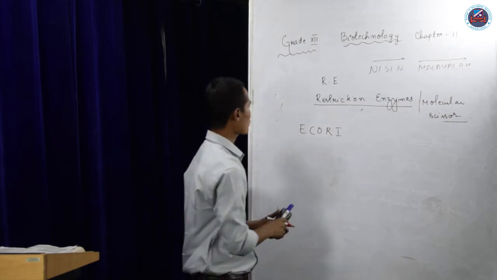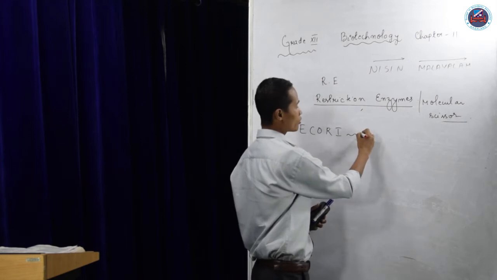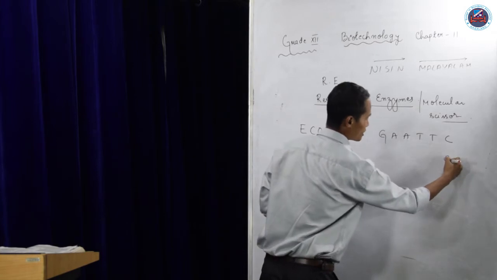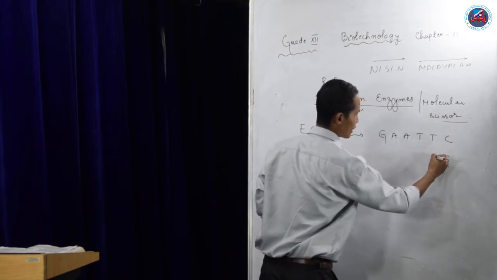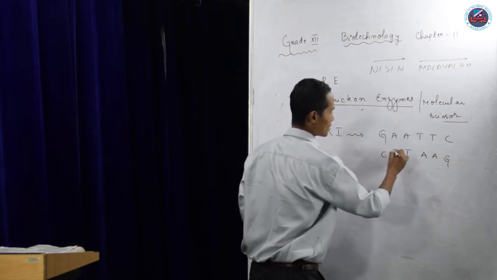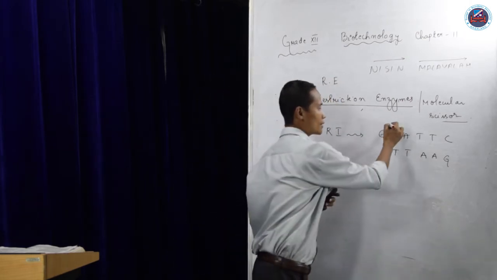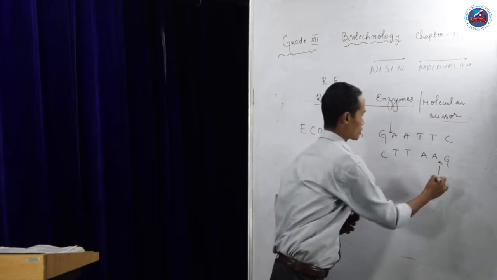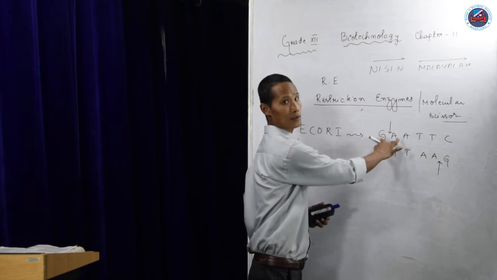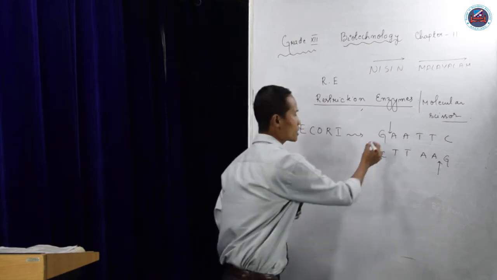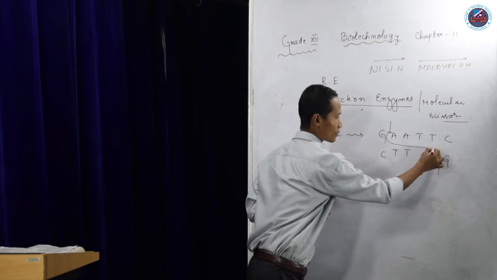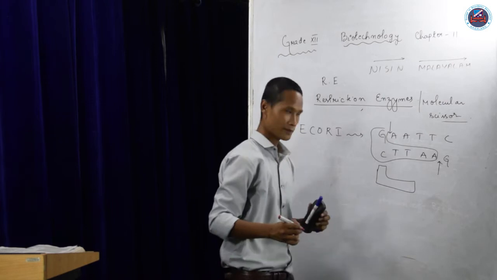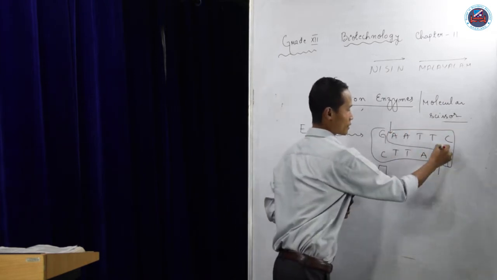When I say EcoRI, it is going to cut at GAATTC, and the complementary strand is also GAATTC. It will cut in this position and at this position between the bases. Now if we cut here and here, we are going to get this, like this, and the upper part like this.